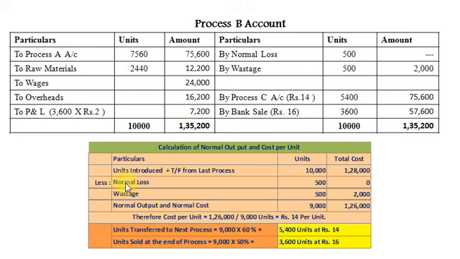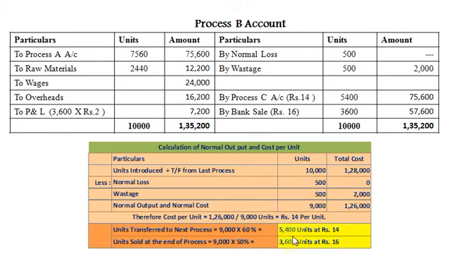Minus normal loss 500 units with no realization value. Wastage 500 units and realized value 2,000. So normal output 9,000 units and cost 1,26,000. So per unit cost would be 1,26,000 divided by 9,000 units equal to rupees 14 per unit.